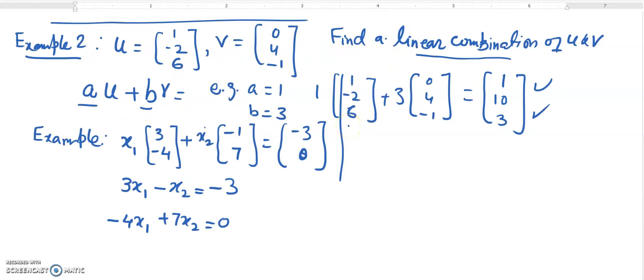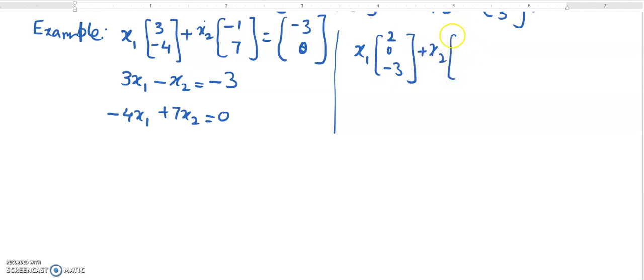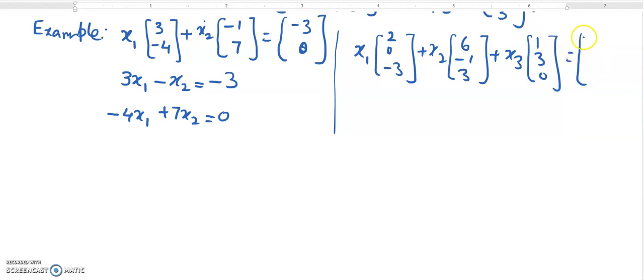Likewise, we can represent this vector equation, x1 times (2, 0, minus 3) plus x2 times (6, minus 1, 3) plus x3 times (1, 3, 0) equal to (4, 4, 3), in the form of a system of linear equations.